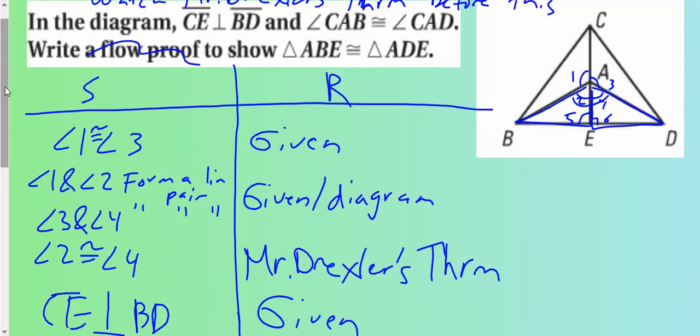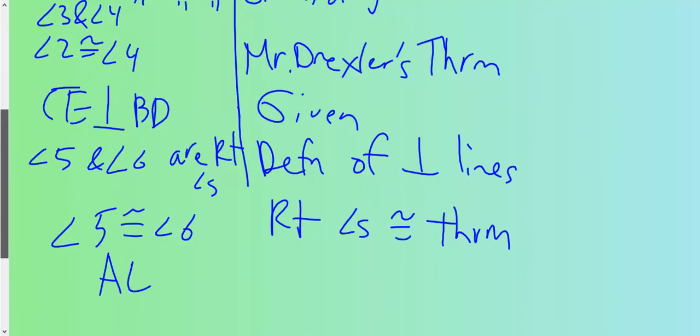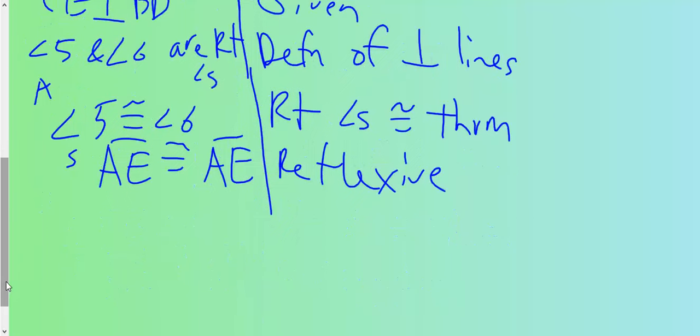Okay, I've got two angles: 2 and 4 are congruent, and 5 and 6 are congruent. Now I just have to say that the reflexive side, AE, is congruent to itself. So AE is congruent to AE, and that is reflexive. Now we have our angle here, our angle here, and our side here, and it matches up that it is angle, side, angle.